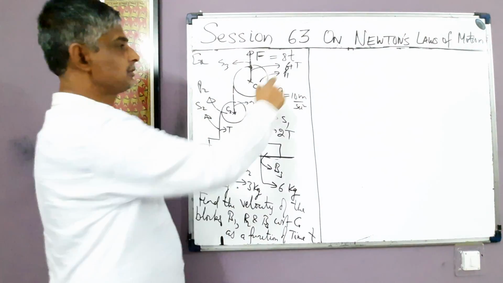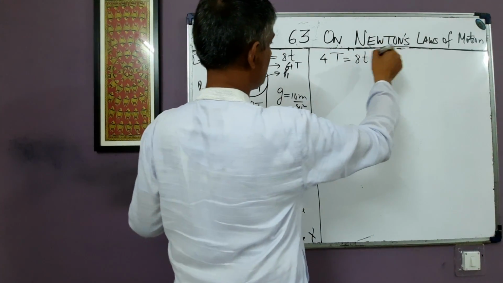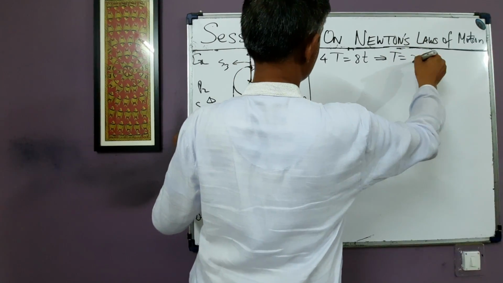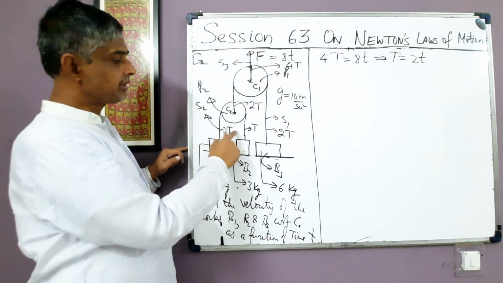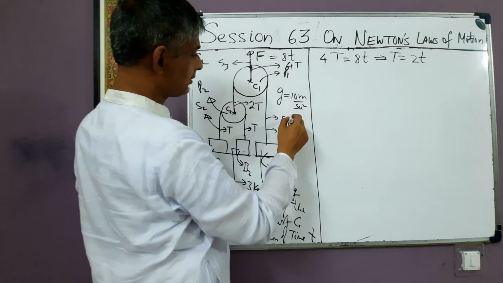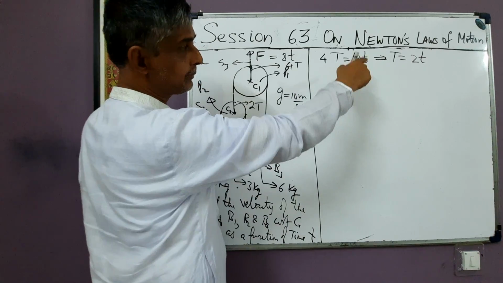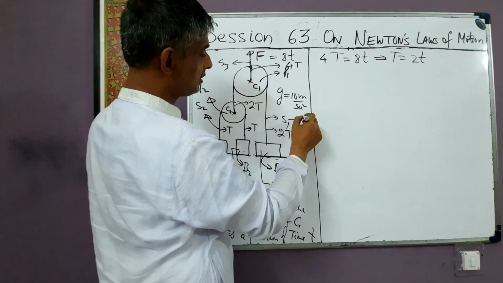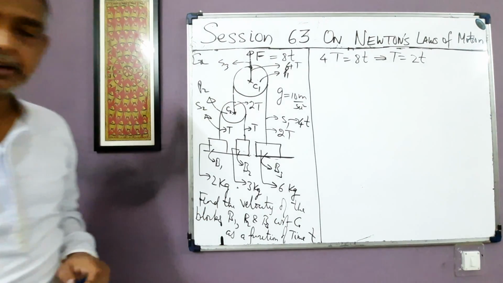So this 4T is just 8t. This means T is just equal to 2t. So tension in this string varies with time as T equal to 2t, and tension in string S1 is 2 times capital T, where capital T is 2 times small t. So this is how tension in this string S1 is 4t.